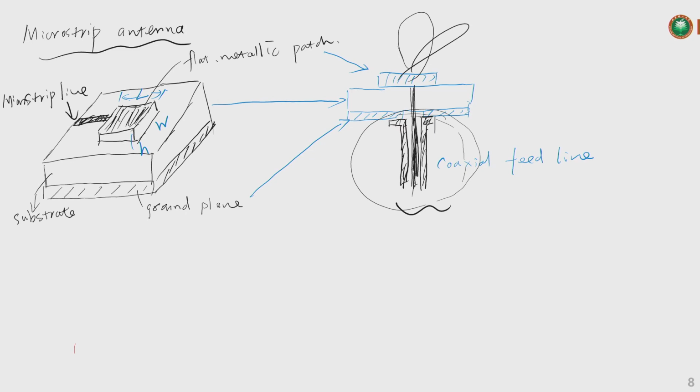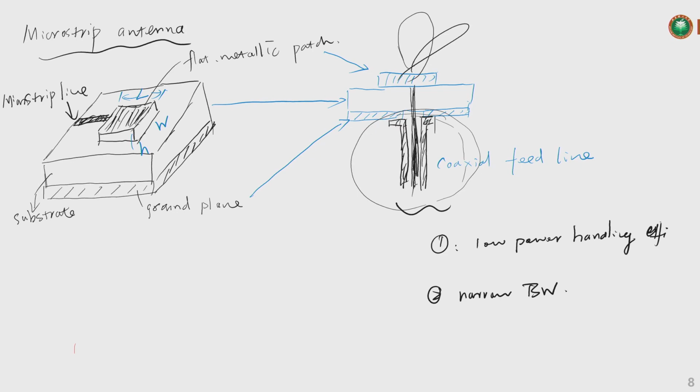The disadvantages: the first one is low power handling capacity, and also narrow bandwidth. So these are the disadvantages.